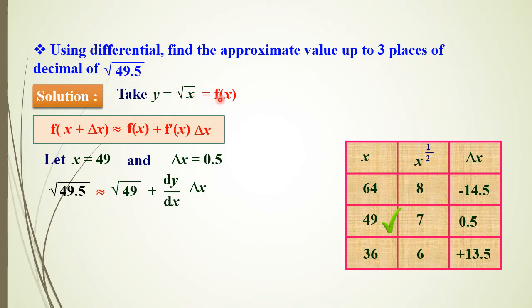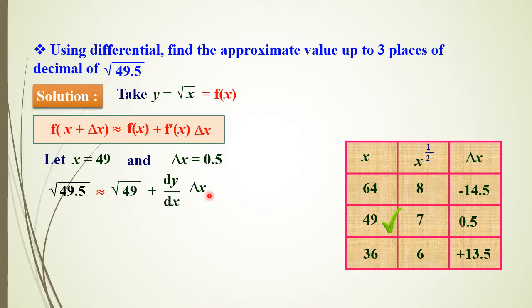Or else it can be written as delta y by delta x equal to 1 divided by 2 root x. Delta y stays there, and delta x you multiply to the right-hand side, so delta y by delta x into delta x. Therefore f dash of x is delta y divided by delta x.